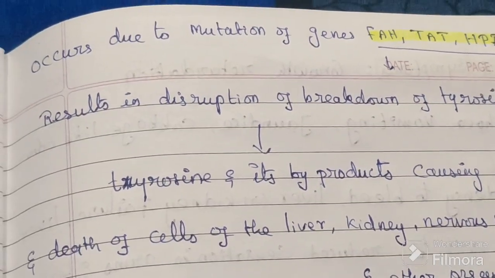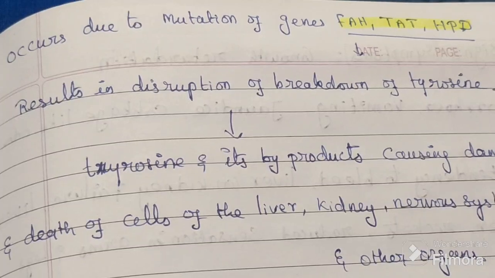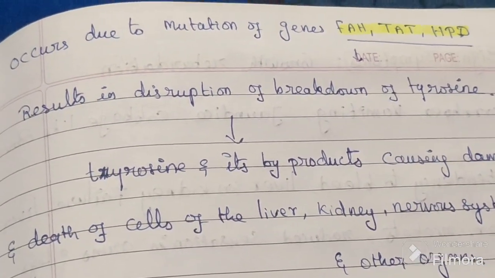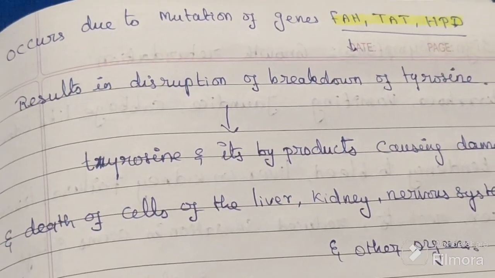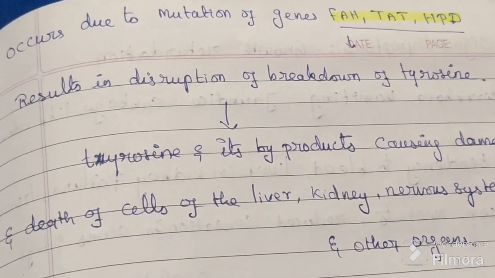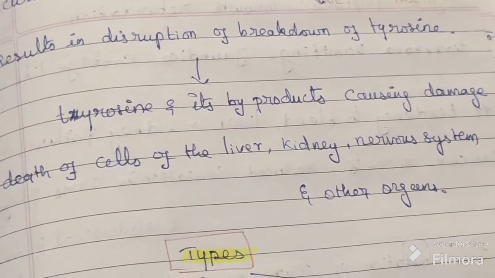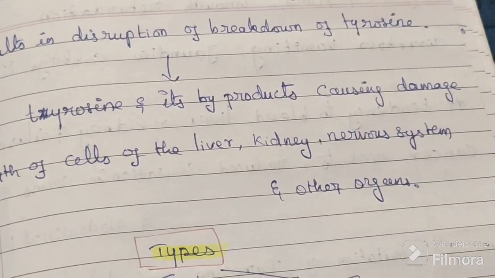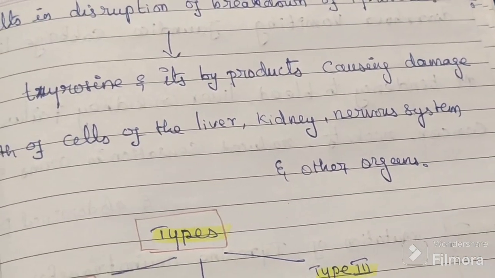This accumulation of tyrosine and its byproducts causes damage and death of cells of the liver, kidney, nervous system and other organs.